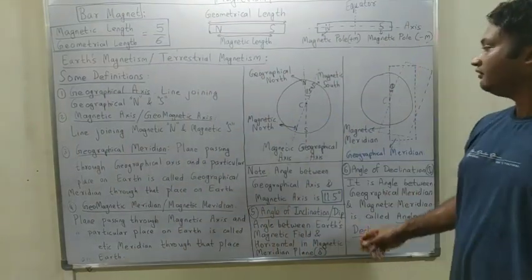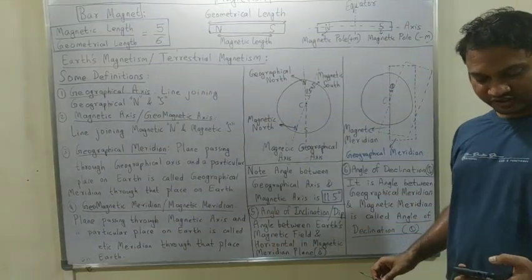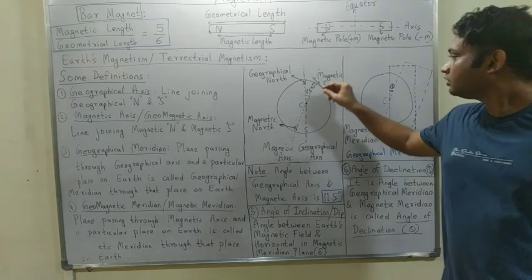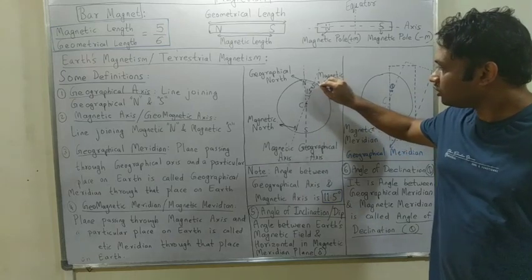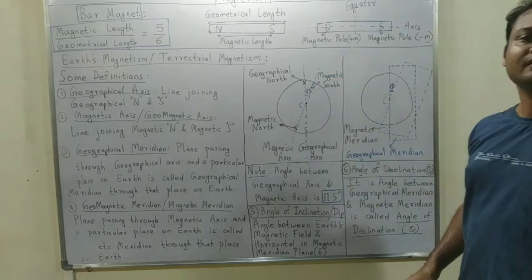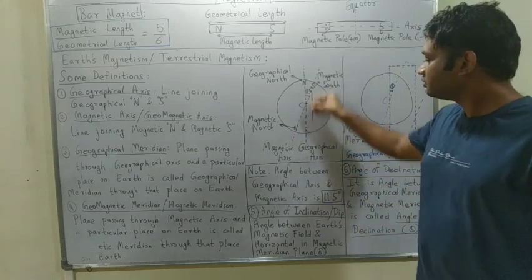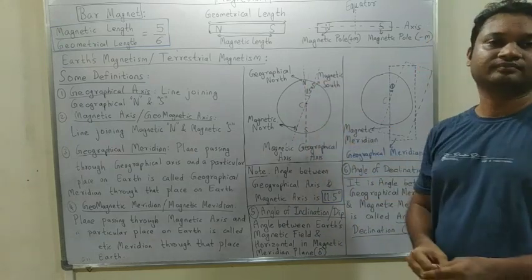And secondly, the line joining geographical north and geographical south is known as the geographical axis of earth.